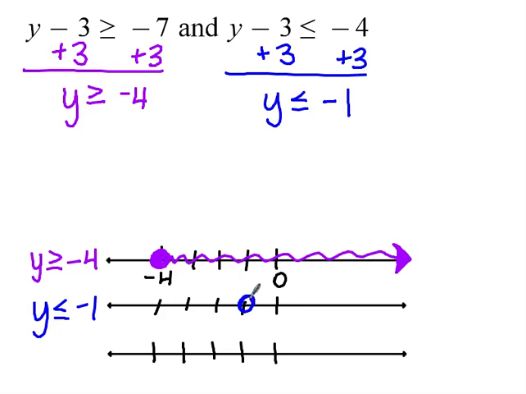Closed, shade which way? Okay. So my final answer will look like what? Okay. Good job. Yep. Nice job. So that is going to be your final answer.